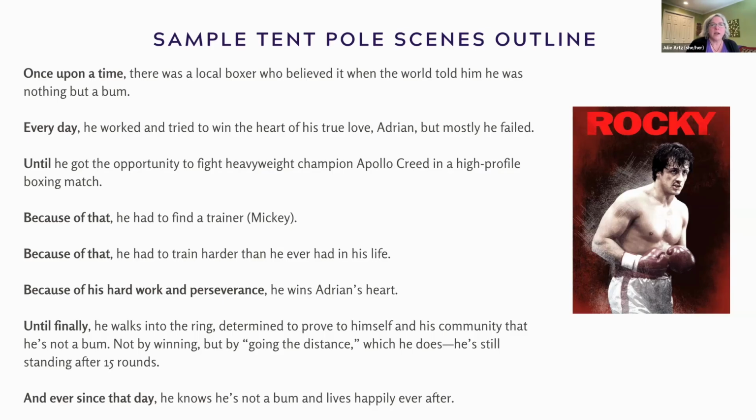So a couple things that I'd like to point out here. There's no subplots here, right? There's a whole subplot that goes on with Rocky's job, with his friend Paulie, Adrian's older brother. None of that is in this sample tentpole scenes outline. It's just the essentials, the main plot and character arc for Rocky.